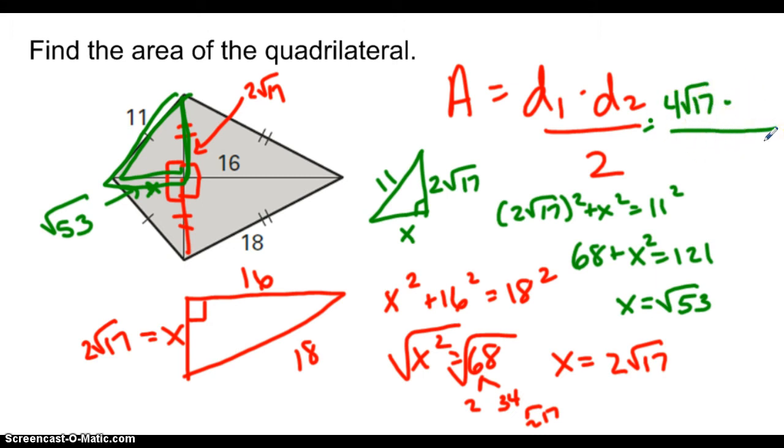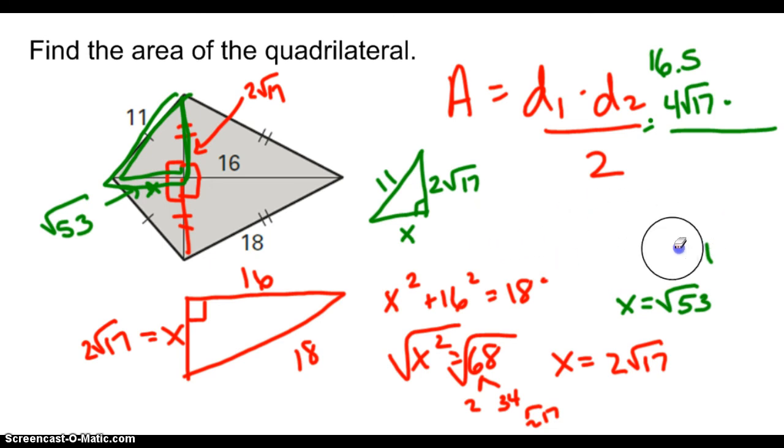Let's first approximate 4 root 17, and that is about 16.5. And the square root of 53 is about 7.28, and we're going to add that to 16 for the length of the second diagonal.